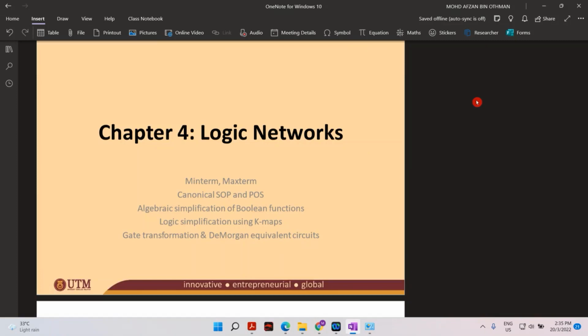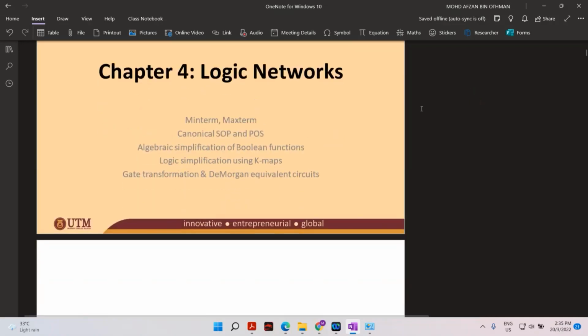In this chapter 4, you will learn how to use K-maps to simplify a logic circuit, which is quite easy and faster compared to using Boolean functions for logic simplification. And last but not least, we're going to look at gate transformation by using De Morgan equivalent circuits. So without further ado, let's look at the first slide here.